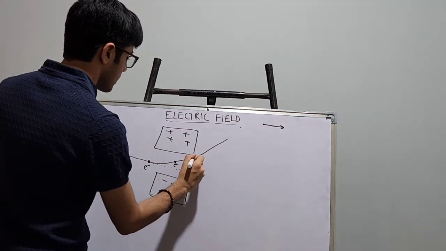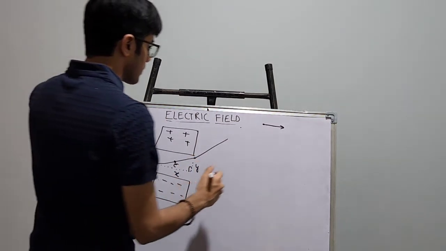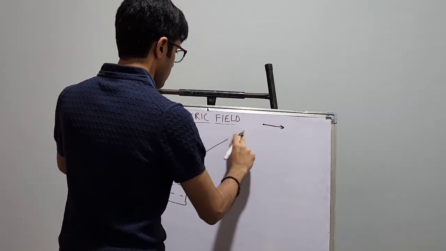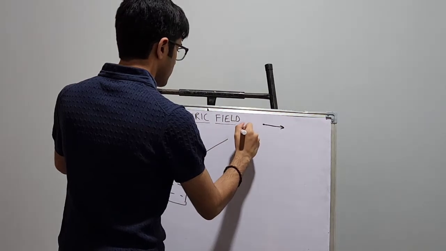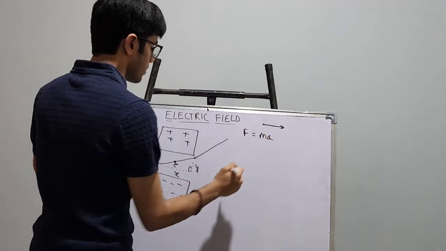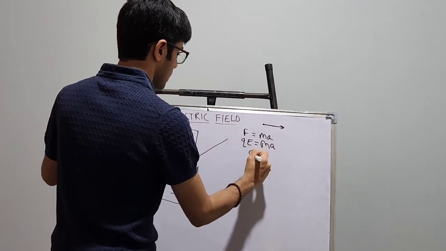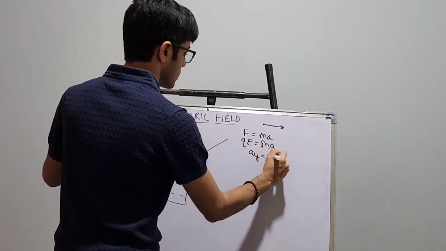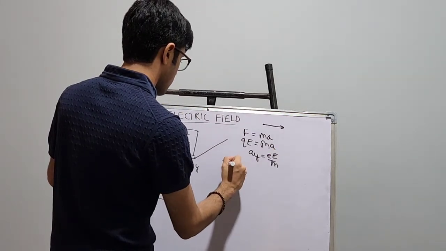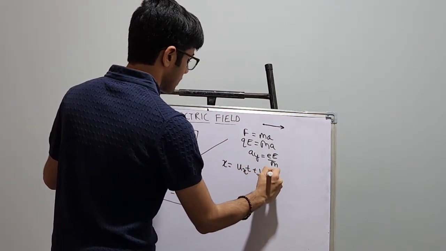So this is the electron here. Let's say the displacement in x is x, this is y. Let's say the force acting on the electron is F is equal to ma. F is equal to qE, which is equal to ma, and this is the acceleration in y direction, which is eE upon m. x is equal to uxt plus half axt squared.